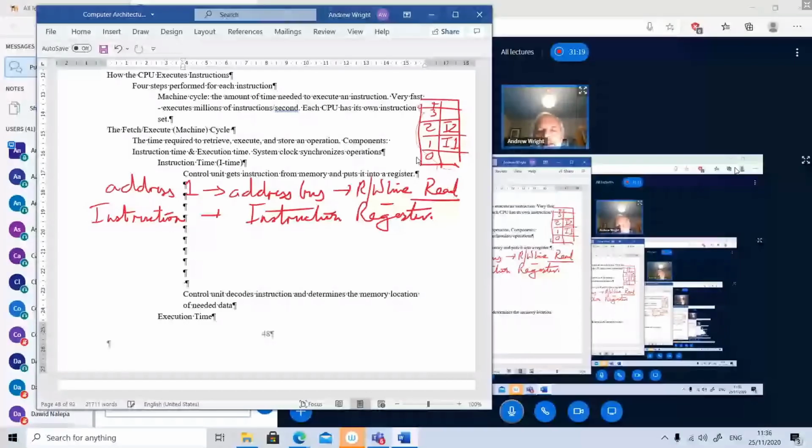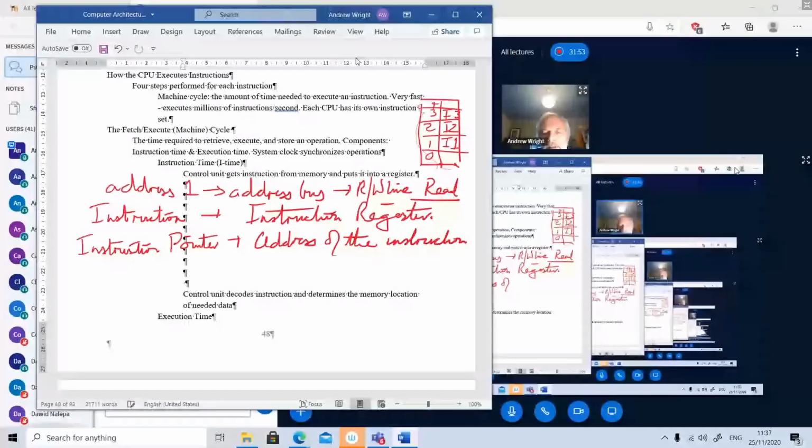And normally these instructions in the programming would be sequential. So we have an instruction pointer, if you like, and this contains the address of the instruction. This is incremented, so it points to the next instruction.